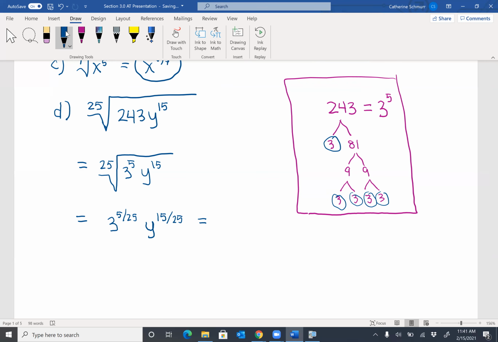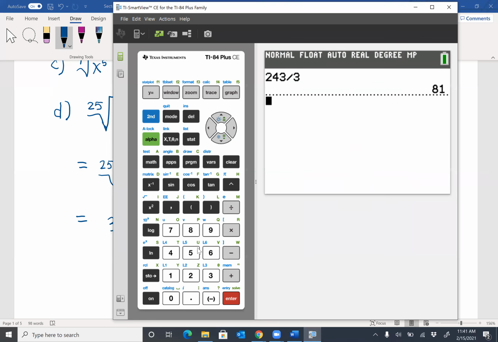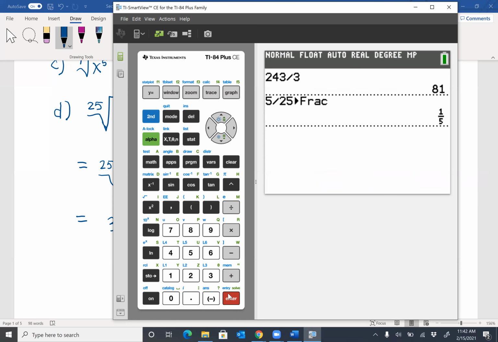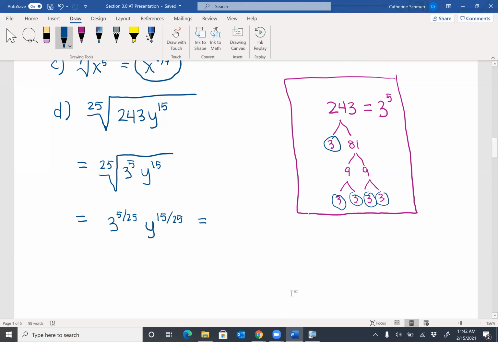Okay, I'm not quite done because those fractions can simplify. So if you're not sure how they simplify, put them in your calculator. 5 over 25, we know that's going to be 1/5, but if you're not sure, go to math, number 1 is fraction, enter, enter. And then the other one, so that's 1/5. The other one, 15 over 25.